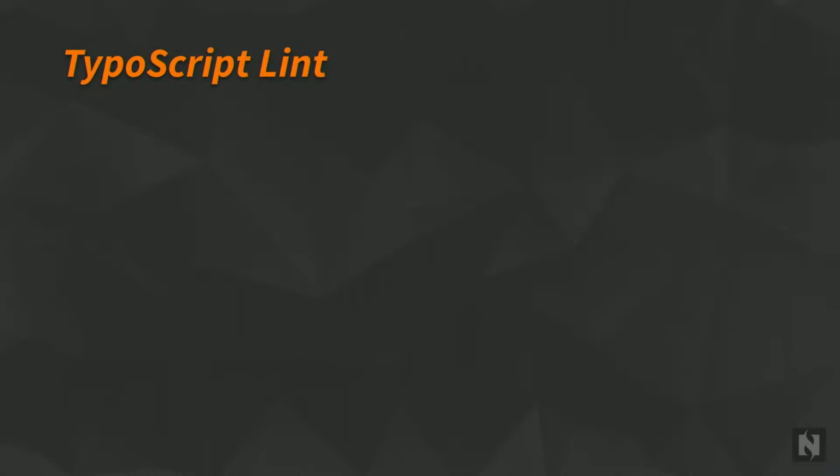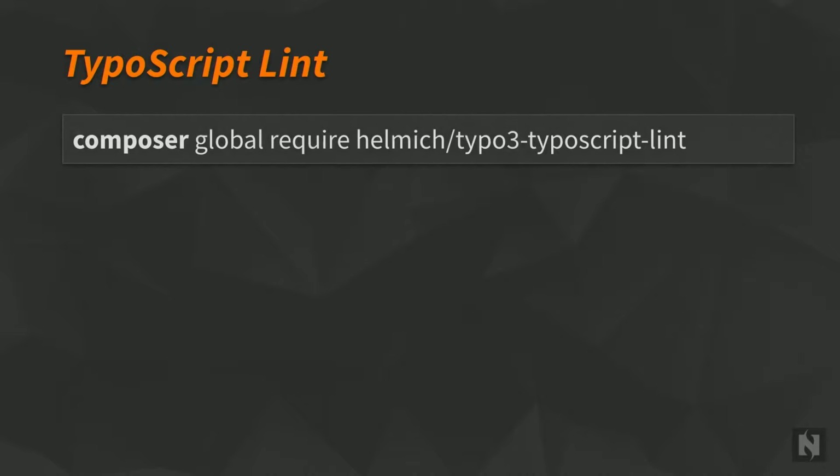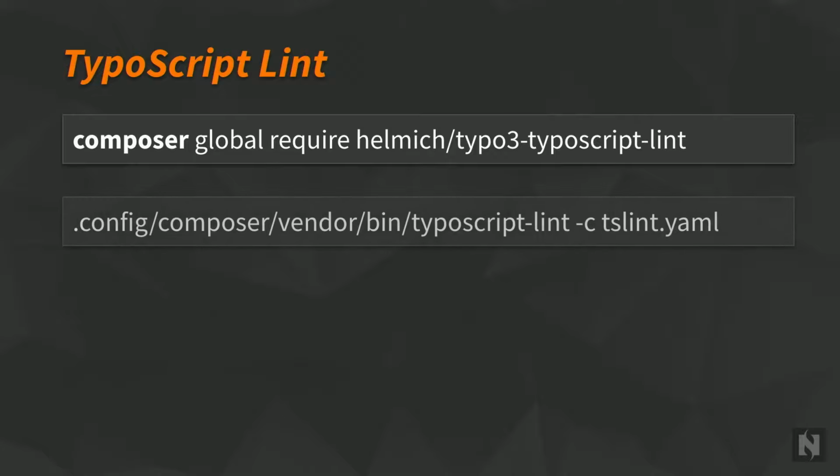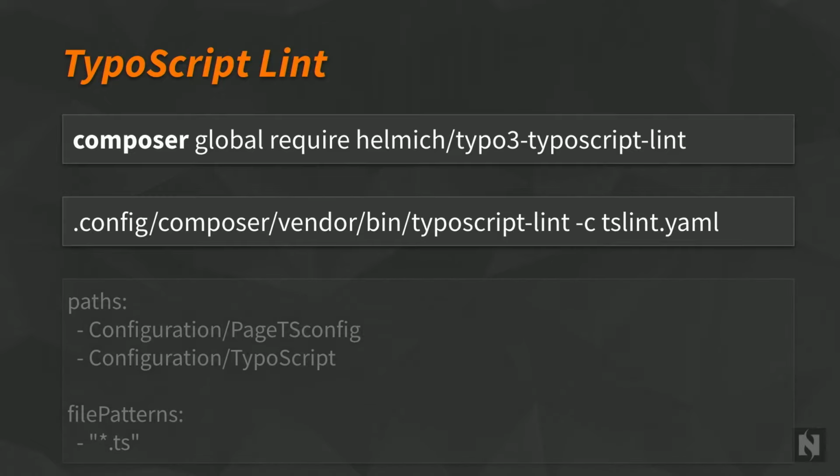So let's check the TYPO3 lint. Does anyone know TypoScript Lint? Anyone use it? It's really good. You need to create one YML file in your root directory called tslint.yml, which includes this kind of code.